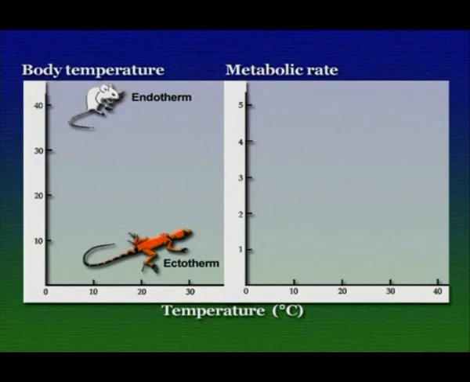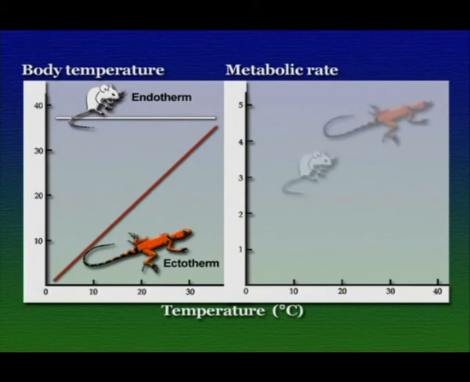As we vary temperature in this chamber from very cold to very hot, the internal body temperatures that we would measure from the mouse and the lizard would be very different. The mouse, because it's endothermic, is able to maintain a constant body temperature, about 37 degrees centigrade, but the lizard would have a body temperature that is more or less the same as the environment, more or less the same as the chamber.